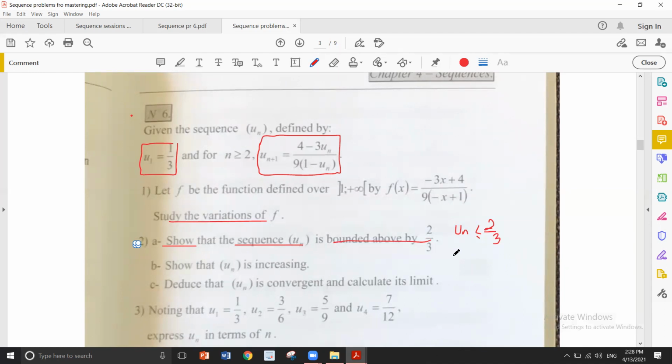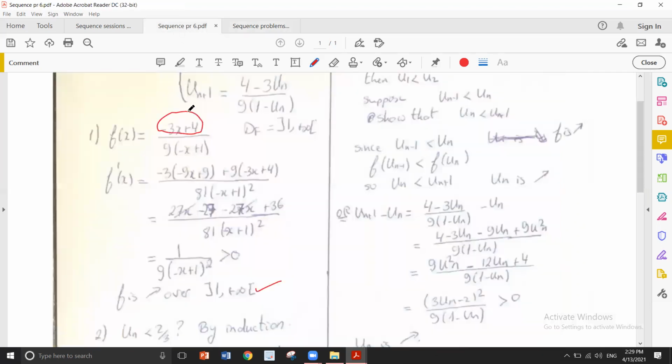How to prove un less than 2 over 3? Un minus 2 over 3. How to find un minus 2 over 3? By mathematical induction. How many steps in mathematical induction? 3.